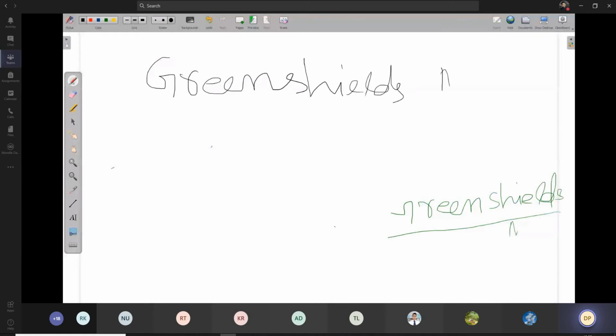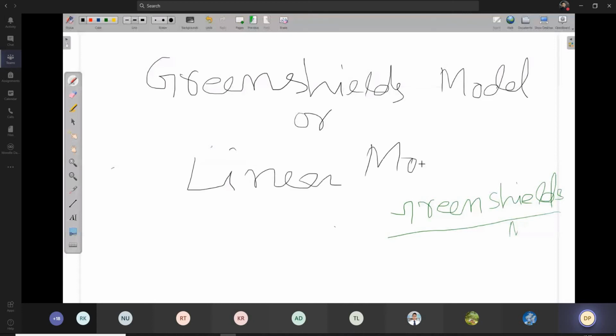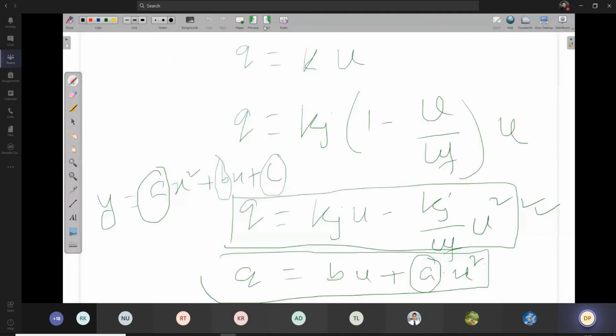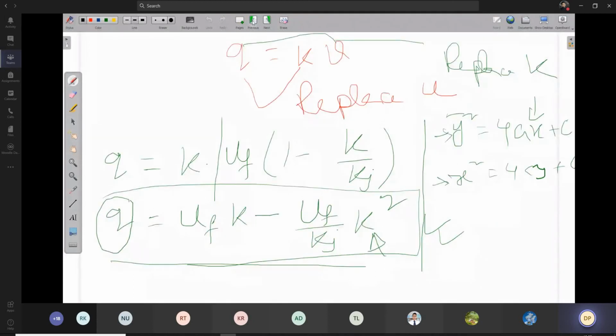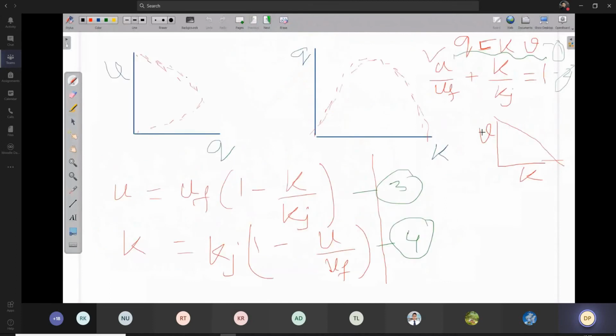Greenshields' model, or they are called linear model. Based on the observation of Greenshields, they found that the speed density relationships are linear, but in reality, if we go and collect the data, in many cases we may not find linear relationships.